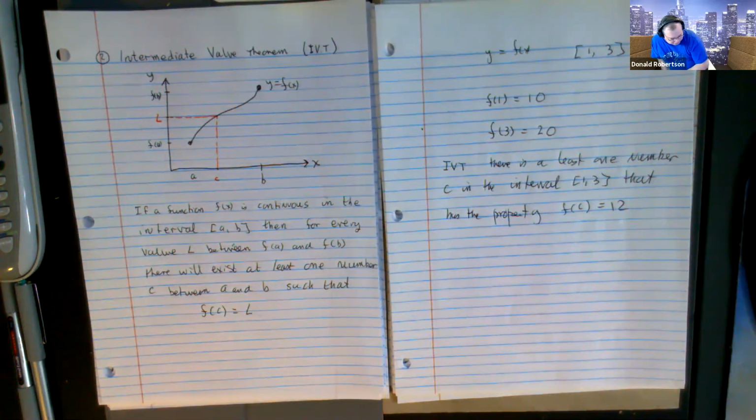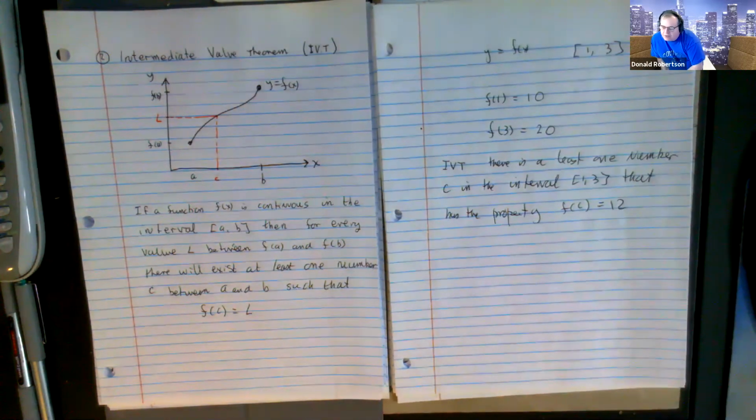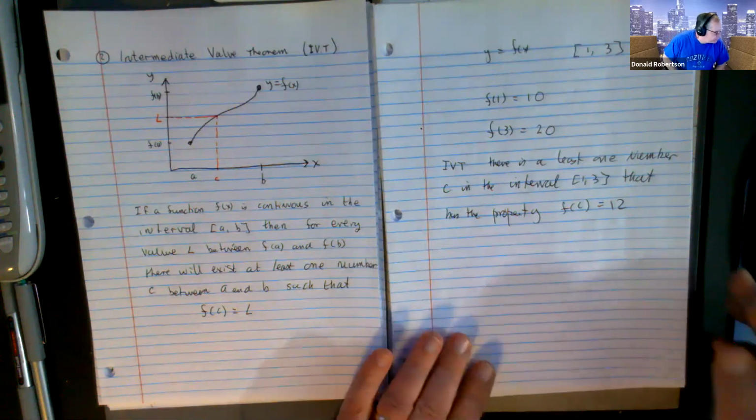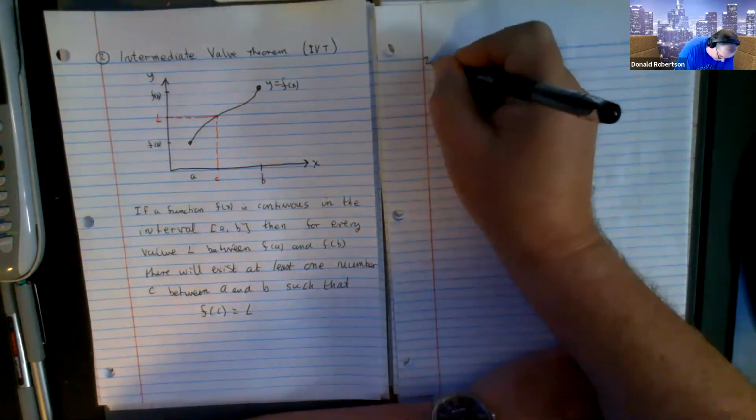Now, we can use this property to prove that there is a solution to an equation in a given interval. So, I'll show you the one they've got. This is question 20.